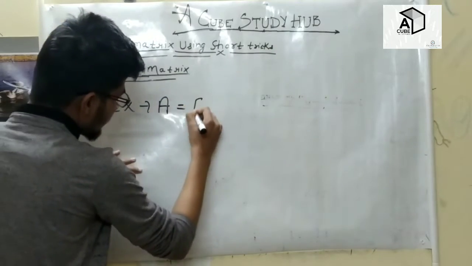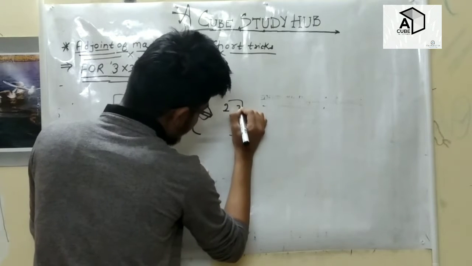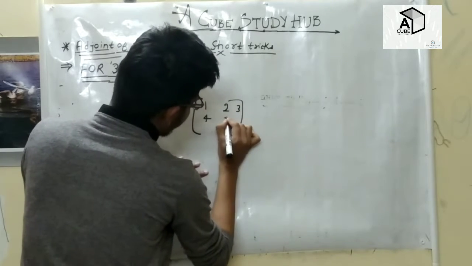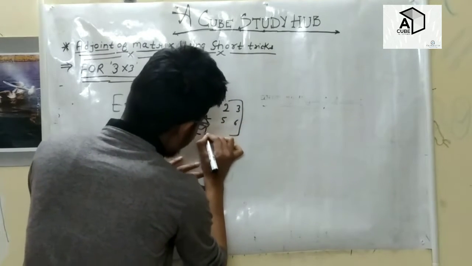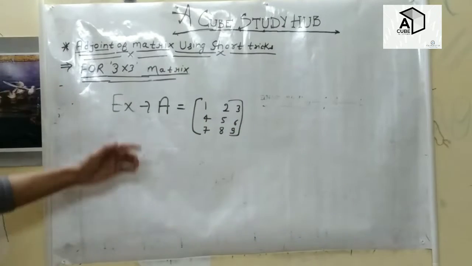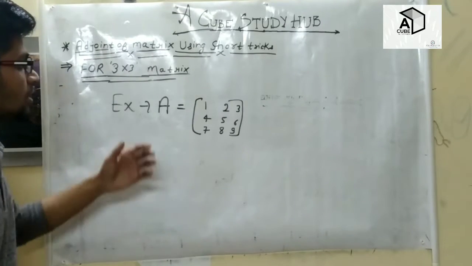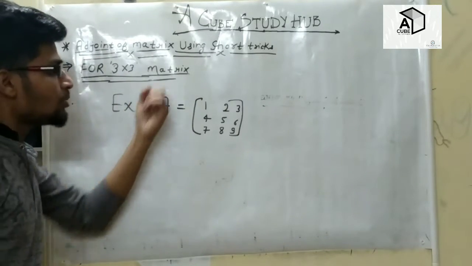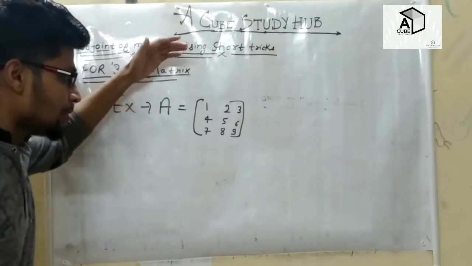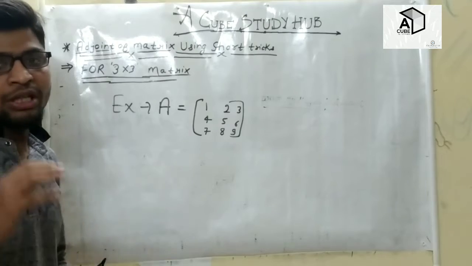Suppose a matrix A having elements 1, 2, 3, 4, 5, 6, 7, 8, 9. Please understand these concepts, because if you understand it in a better way, then it will be very helpful for you.